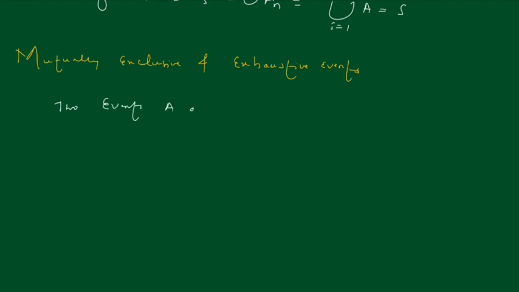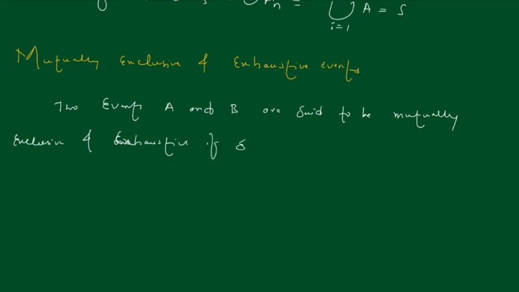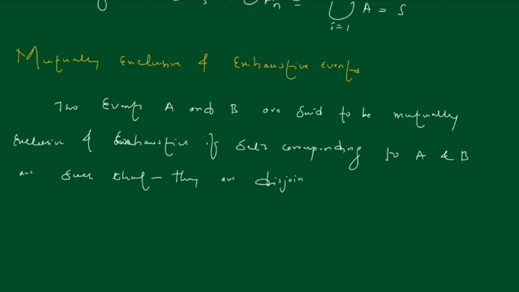Two events A and B are said to be mutually exclusive and exhaustive if the sets corresponding to A and B are such that they are disjoint and their union is the sample space. Yes, right?